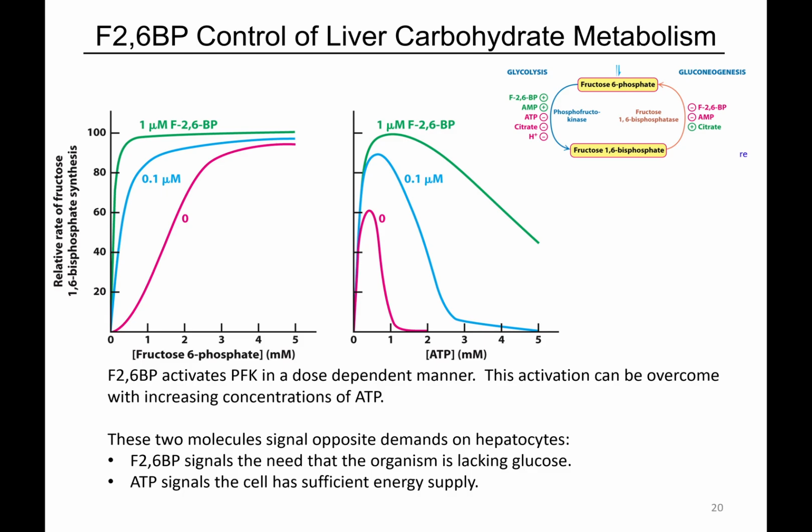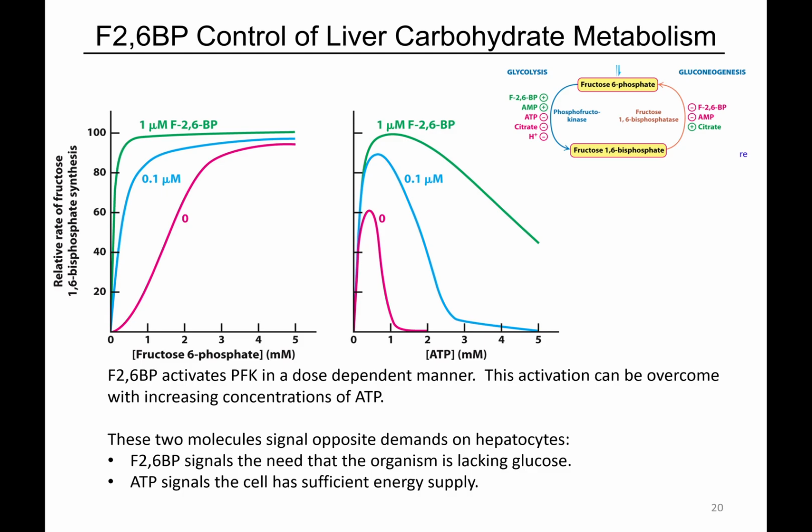Fructose 2,6-bisphosphate is actually a signal that originates from outside the cell. It's a way of communicating the overall organismal demands of energy, communicating inside the cell. Okay, so these two signals, fructose 2,6-bisphosphate and ATP, work together to give the proper coordinated regulation of these metabolic pathways.